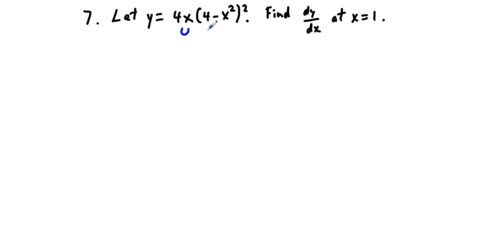So if we call this u and v, u prime is going to be just the derivative of 4x, which is 4, and v prime is going to be the derivative of this, (4 minus x squared) squared. So we multiply out front this 2, and then we just leave 4 minus x squared inside to the first power, times the derivative of the inside.